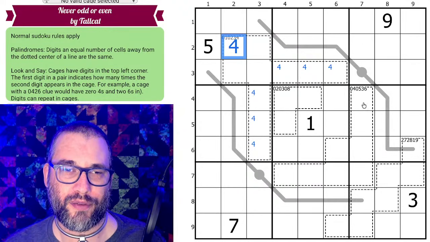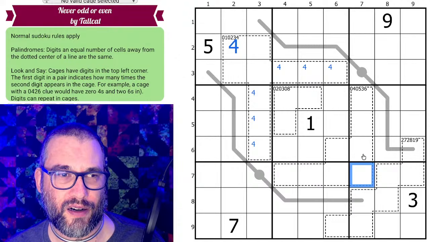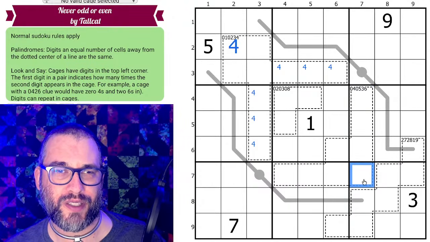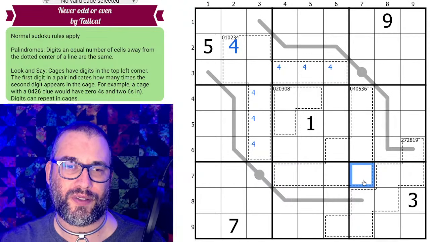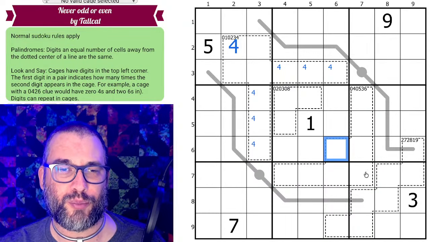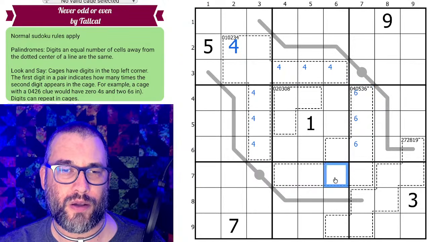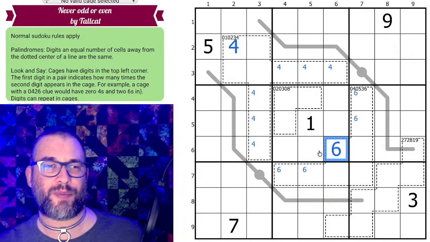And we have 3 6s. Now, if we put a 6 here in this cage, then we can't have 3 6s. So this is not a 6. So then we only have 3 boxes to put 6s in. So there's 1 along here, 1 along here, except they're not here because that has to be a 6.